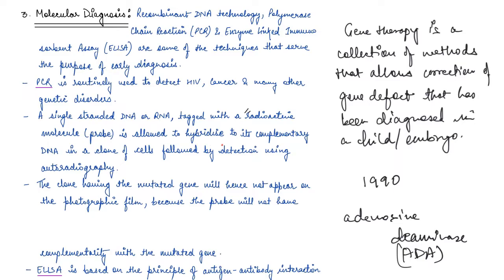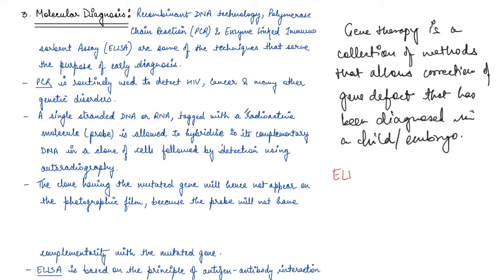Through these methods, early detection is not possible, right? But there are certain techniques which use recombinant DNA technology, like ELISA, which is a biotechnological technique basically, right?